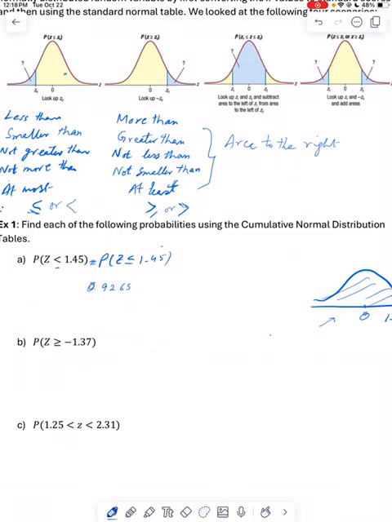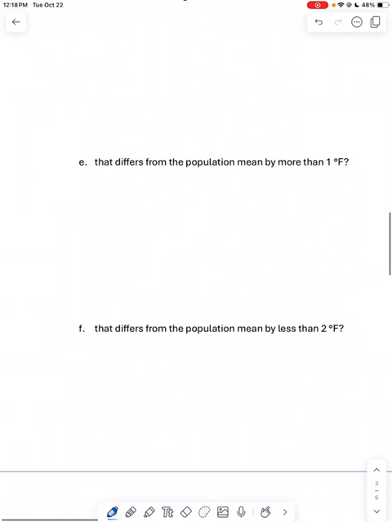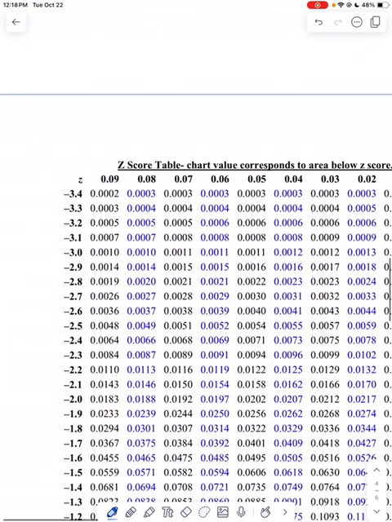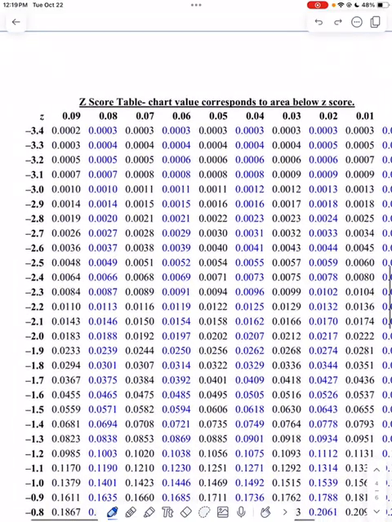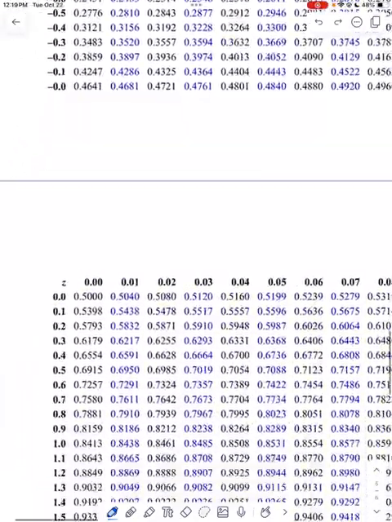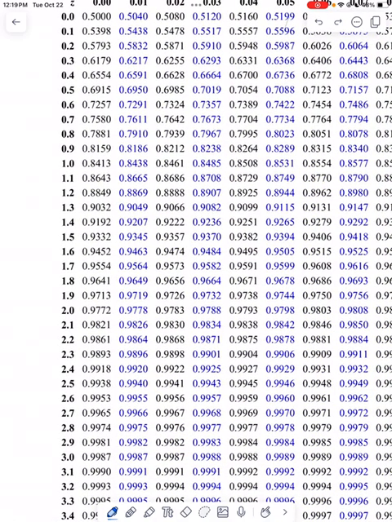So how did I get that? Let me show you. We have 1.45. Let's look at the tables. We are going to look at the positive z-scores. Now if you notice, these are the negative z-scores, so we are not looking here. The first column gives you the z-scores. Our value was 1.45, so the first two digits, 1 and 4, or 1.4, we will locate in the first column, and we read along this line.